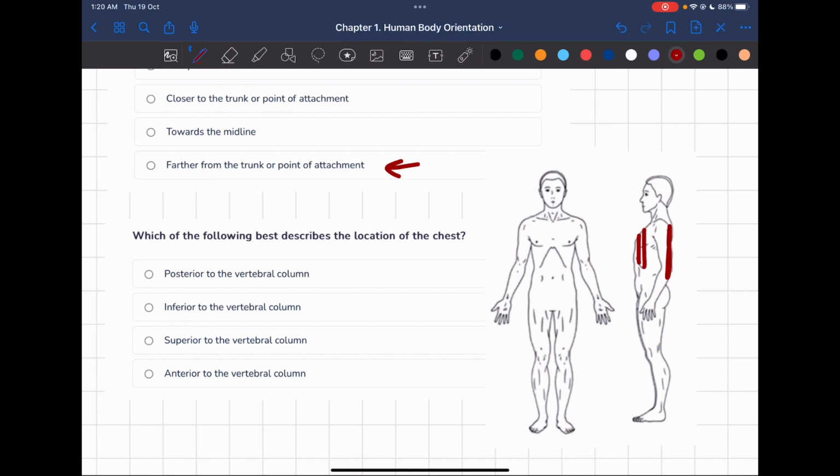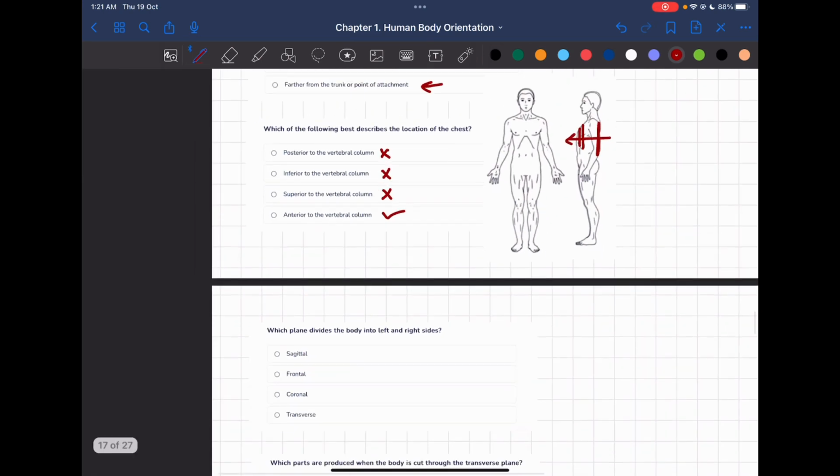Is the chest posterior, behind the vertebral column? No, so this is wrong. Is it inferior, below the vertebral column? No, so this is wrong. Is it superior, above it? No, that's also wrong. Is it anterior, in front of the vertebral column? Yes, it's like this. So this is the correct answer.